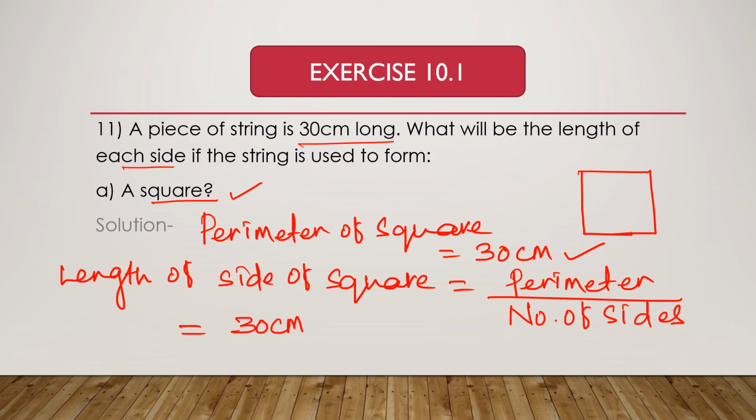Perimeter is 30 centimeter divided by 4, that is 7.5 centimeter. So length of the side if the string is used to form a square is 7.5 centimeter.